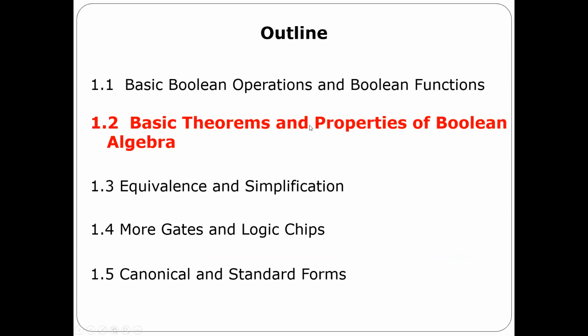In the second part here, I started to explain the main theorems or rules in Boolean algebra. And I told you to be careful here, because although there are some similarities with the normal algebra that we know, there are also differences.